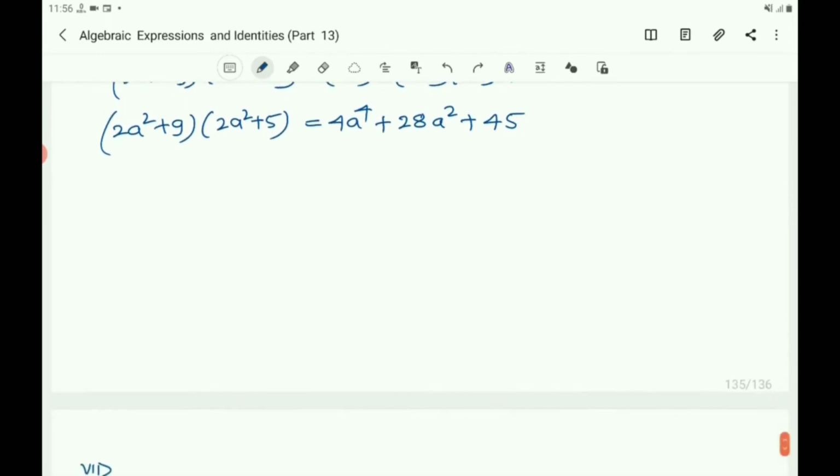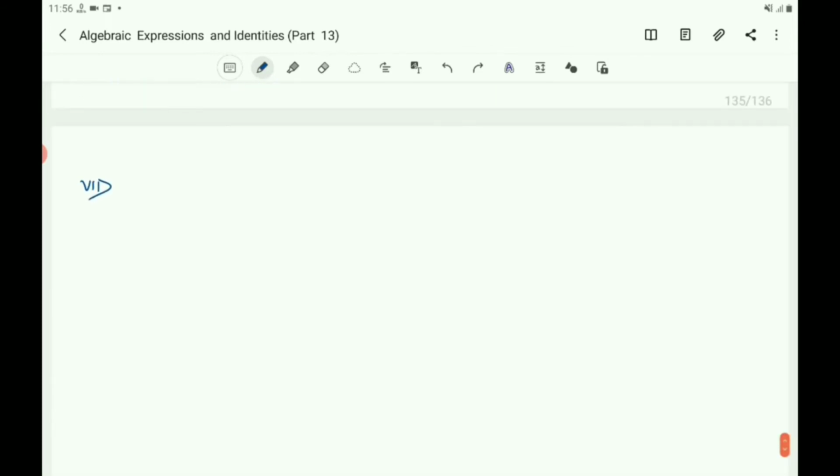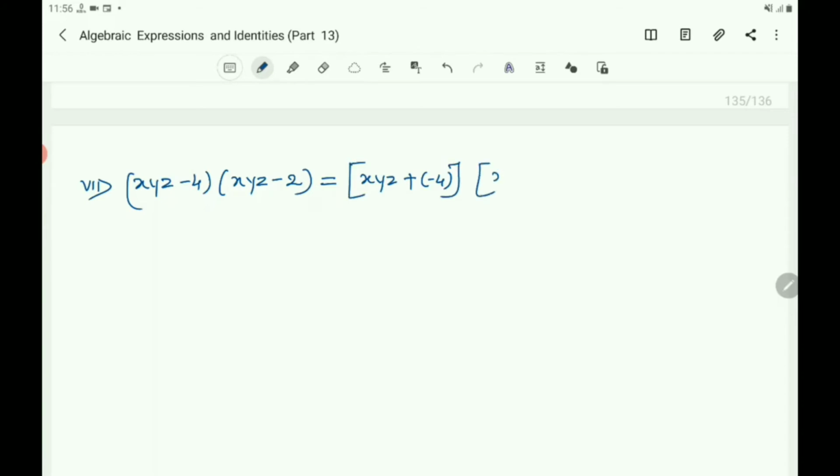Then the seventh one. Take the seventh one, xyz minus 4 into xyz minus 2, and you express this in the form of x plus a into x plus b. So it is xyz plus minus 4 into xyz plus minus 2.